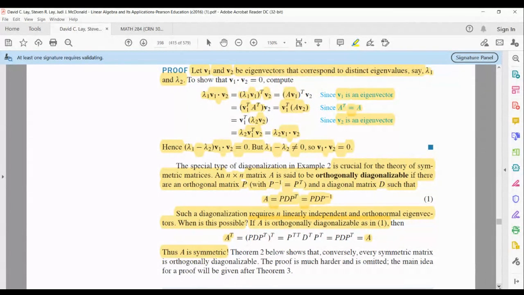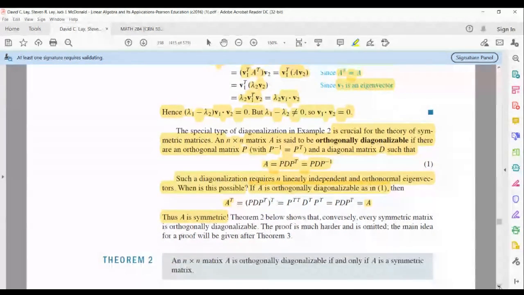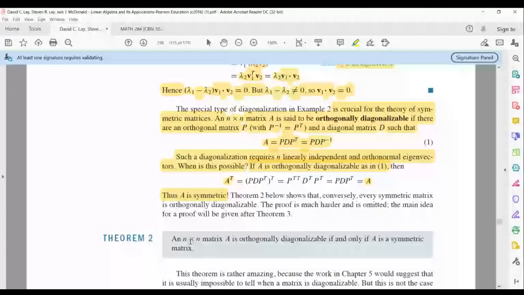The converse is harder to prove, but the point is every matrix A is orthogonally diagonalizable if and only if A is a symmetric matrix. Are there any questions on that?